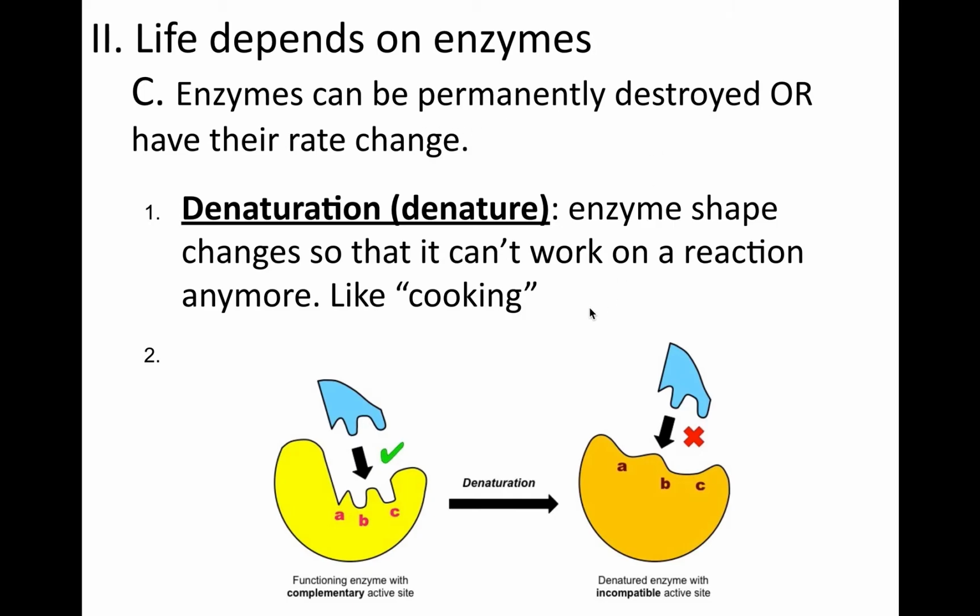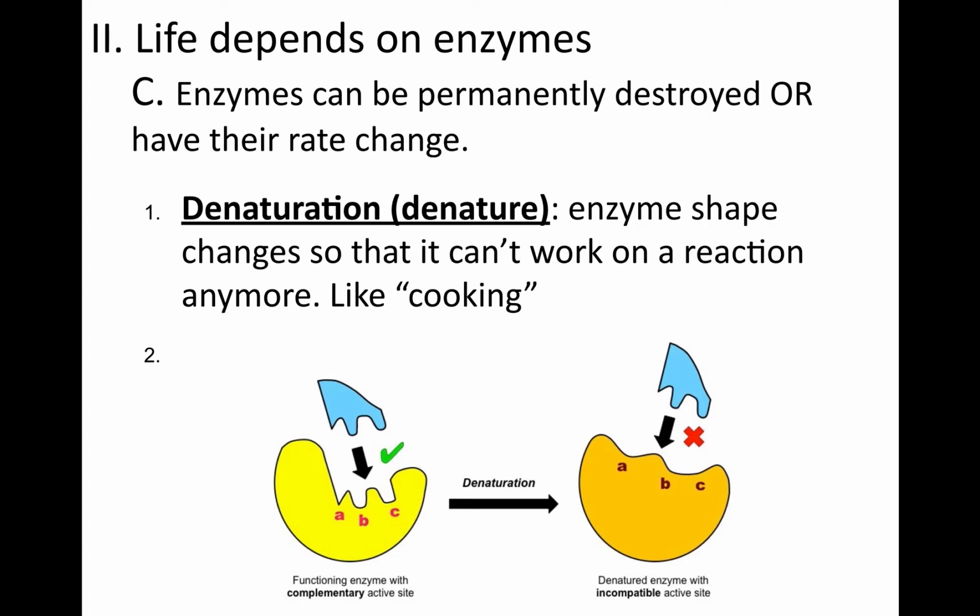They basically get destroyed. Okay? So sort of like an egg that's fertilized can maybe turn into a chick if you heat it up just a teeny bit, but if you boil it, you basically have a cooked egg, a boiled egg. Okay? So in this case, denaturation is when the enzyme has been completely cooked or destroyed, so it can't work at all. Okay?